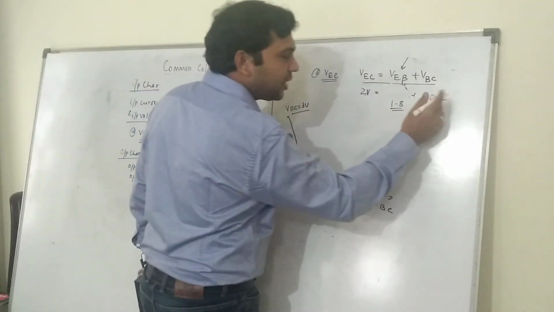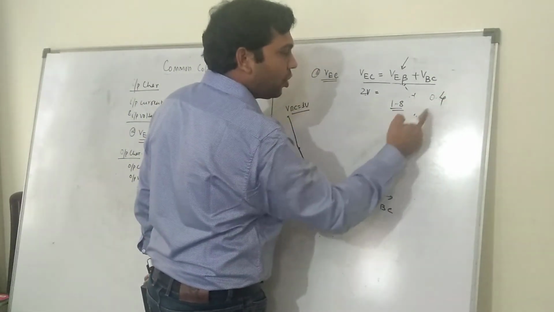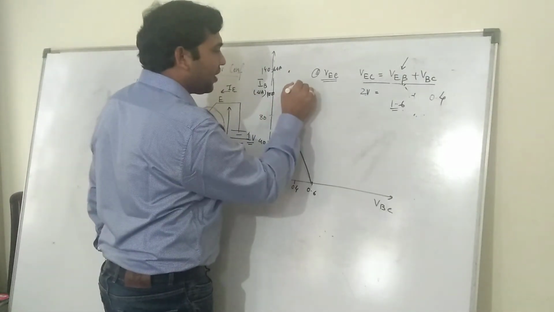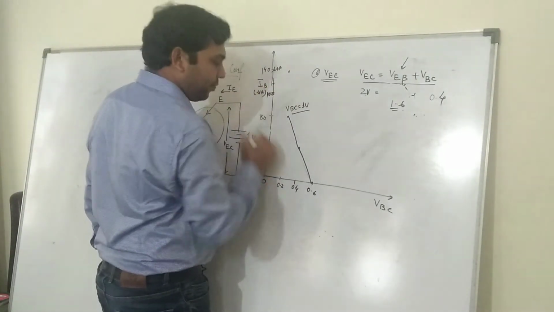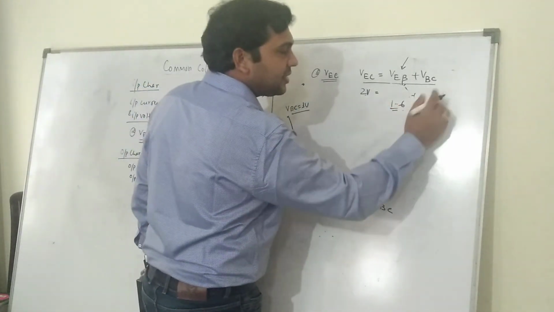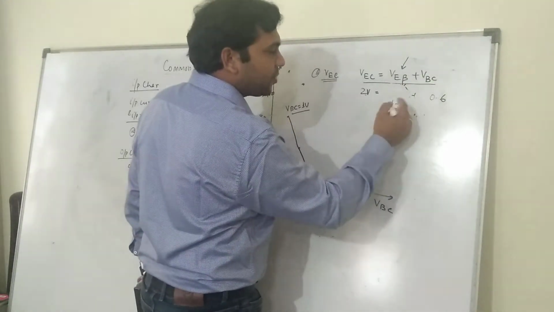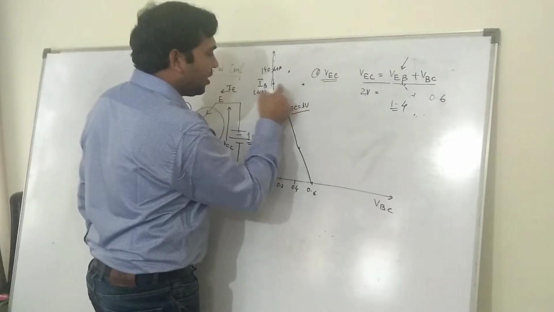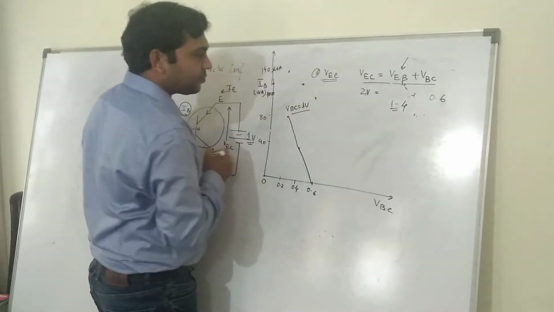Now you have increased VBC to 0.4. So VEB is 1.6, and at 1.6 you have a current of something like 120. If you increase this to 0.6, meaning VEB is 1.4, let's say you have a current somewhere around 110.